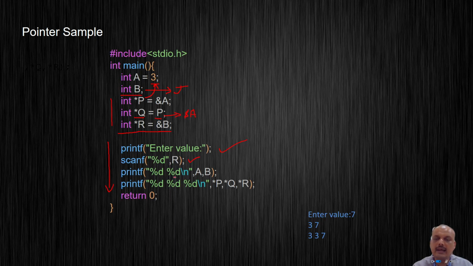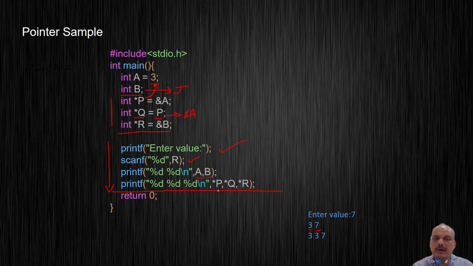Then I start printing out the values. When you print a and b, what do you expect? Suppose you give the input to r as 7, then when you print a and b, 3 and 7 get printed out. Next you can also use star p, star q and star r to print out the values of the data a and b.